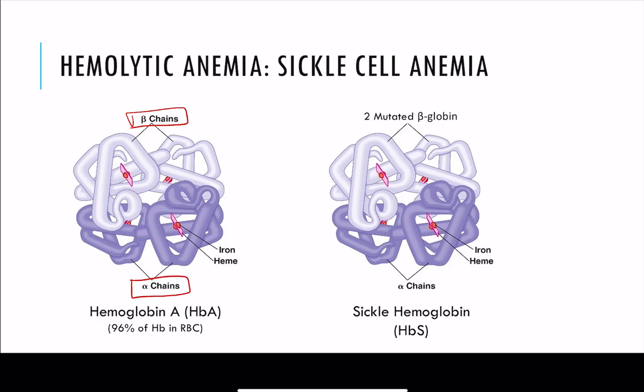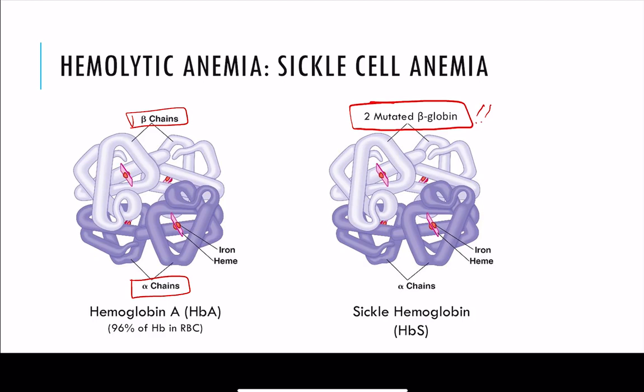In sickle cell anemia, the hemoglobin is called hemoglobin S, for sickled hemoglobin, and the beta chains are mutated. This is where the genetic mutation has caused a problem, in the beta chains.